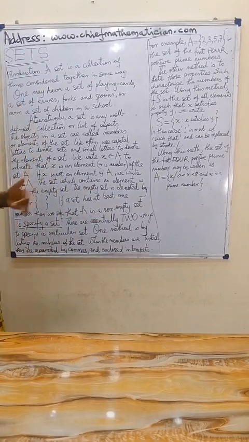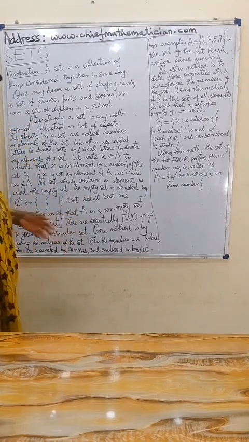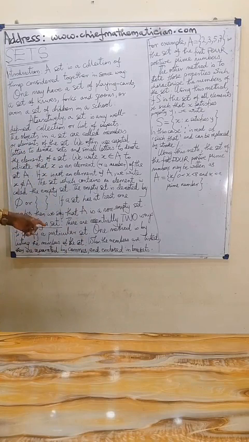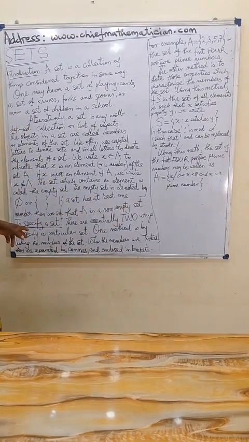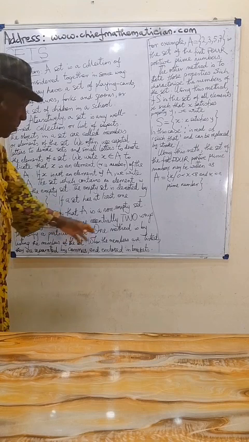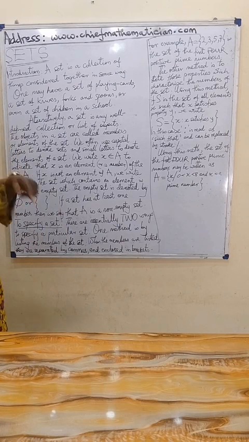To specify a set, there are essentially two ways to specify a particular set. One method is by listing the members of the set.